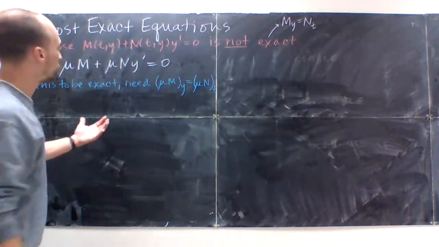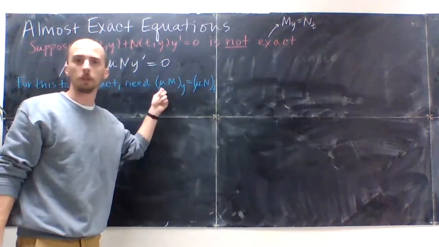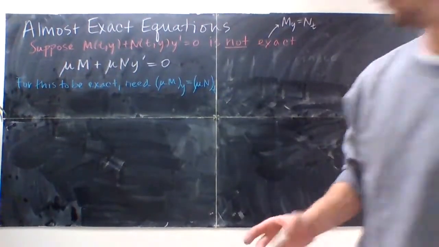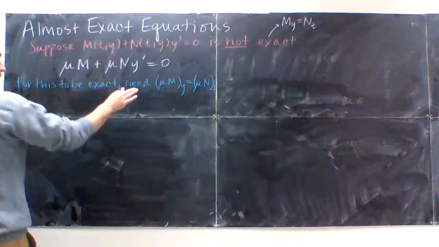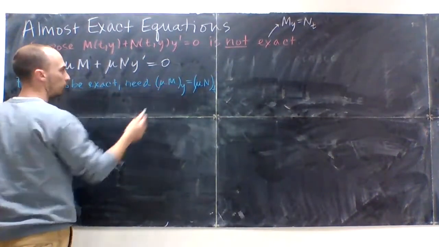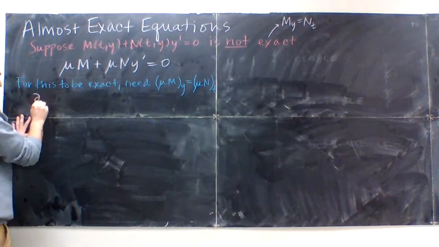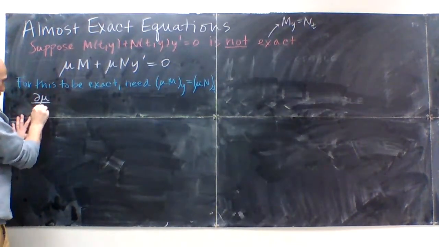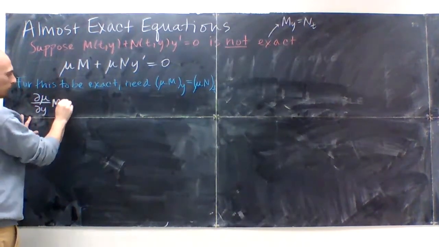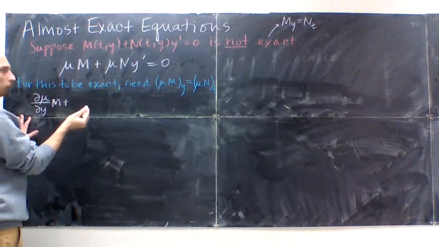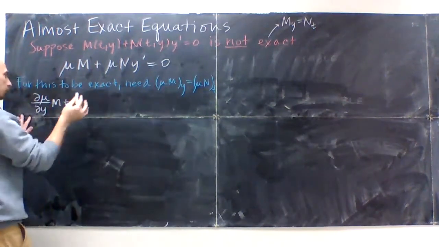And so I'm going to actually take these derivatives using the product rule. These partial derivatives. So I'll have the derivative of mu times M with respect to y. I'll take the derivative of mu first and leave M the same, and then add the derivative of M, leaving mu the same.